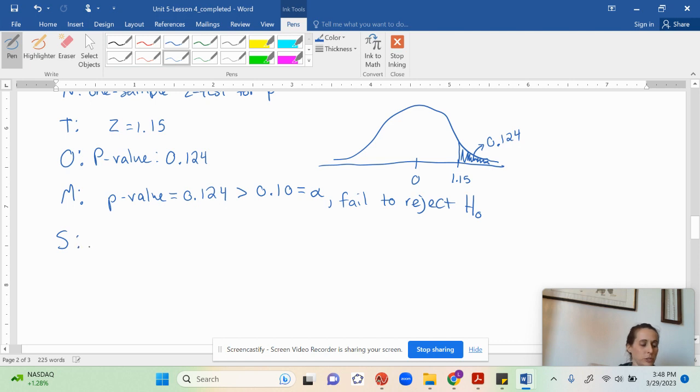And we can state our conclusion. We do not have convincing evidence. Remember, if you fail to reject H naught, that means that we do not have convincing evidence that the alternative is true. But we want to write this in context.